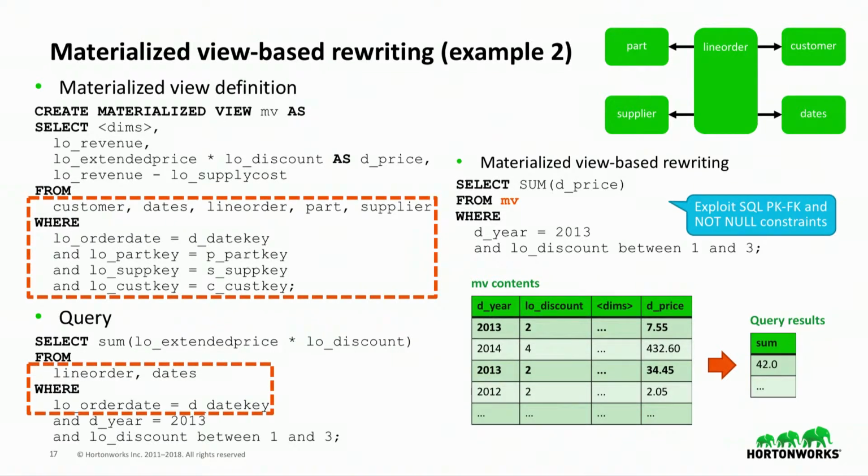You can exploit the PK-FK relationship and the not null constraint in order to produce this rewriting, because you know that the materialized view preserves all the rows that were in the original table. So you just scan over the materialized view, apply the filters, and then do the aggregation on top. That's the second example.